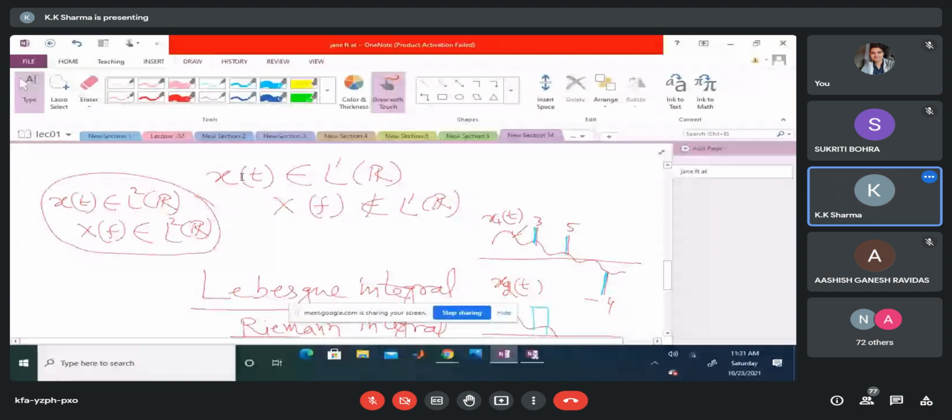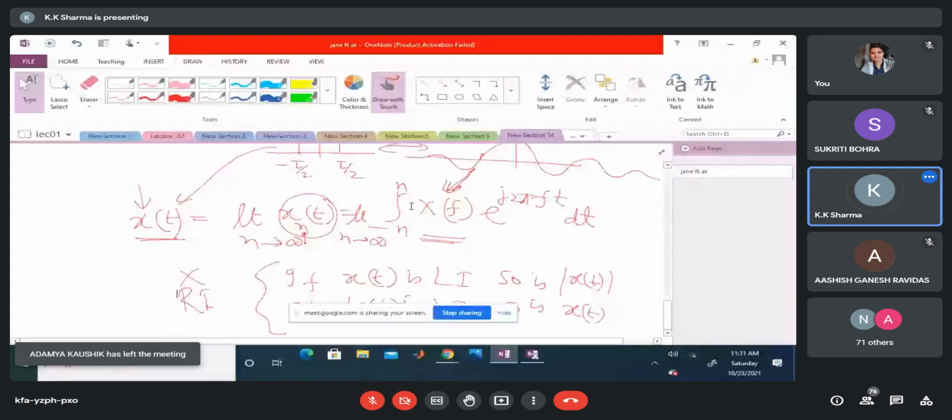If x(t) belongs to L1(R), its Fourier transform may or may not belong to L1(R). It is not guaranteed, but L2(R) is guaranteeing you. So most commonly we are using the L2(R) definition, which is slightly involved or slightly defined differently. You have to truncate the limit from minus infinity to infinity. We are first truncating it to some finite number.